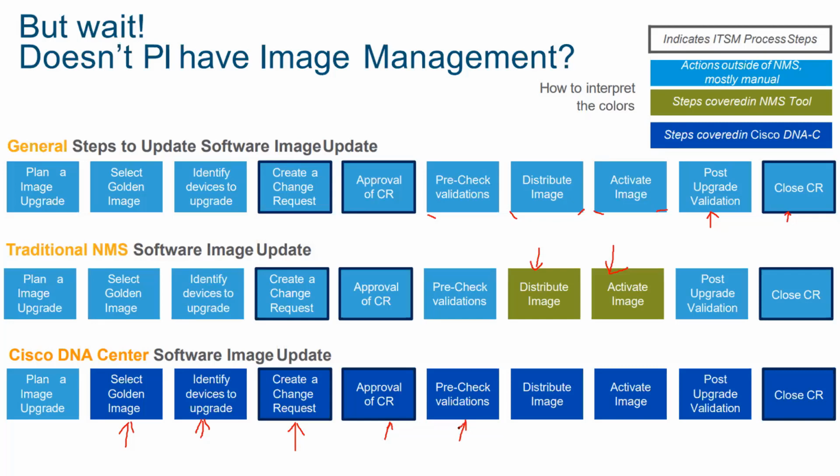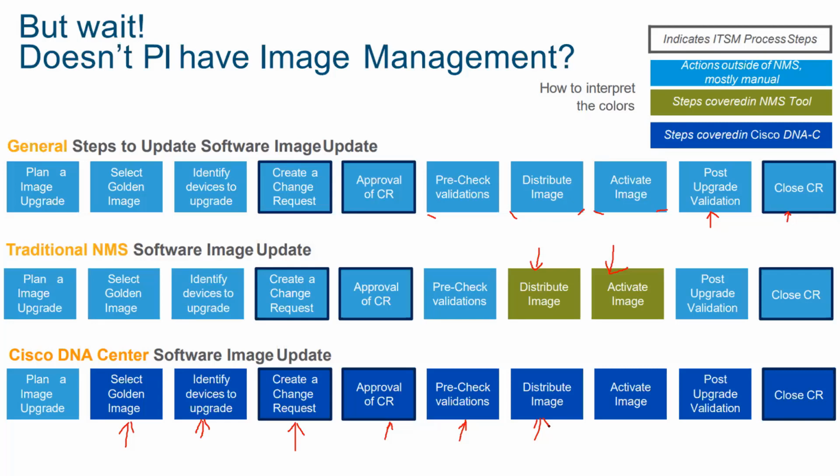And the question is, what if there is no space on the flash memory of that router or that switch? Is it going to fail? We can make DNA go the extra mile and clean up some space on that flash memory before starting the distribution. To distribute the image, and as part of that also integrity verification, as you can see, it's going to look for known good values, which we're going to download from Cisco.